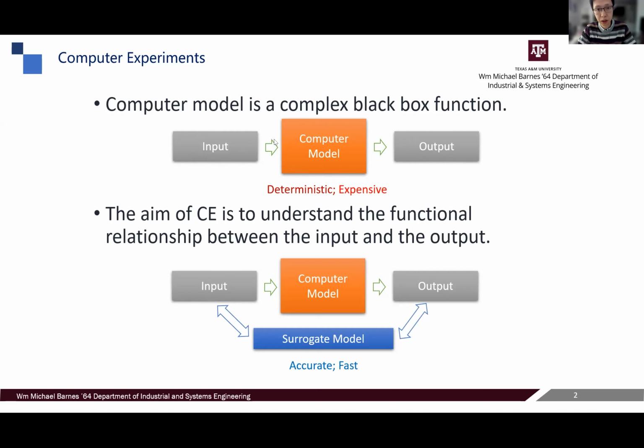For example, the input-output relationship as a function, or we want to optimize the output, finding the best input setting, or we want to understand how the randomness or the uncertainty from the input side will lead to a random or uncertain output. If that is the case, we cannot go through the traditional way because that will cost a lot of computational time and resource.